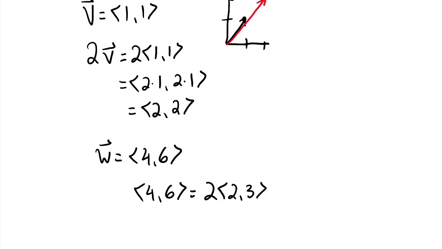Let's make 4, 6 the vector u, and use the same w we had before, 2, 3. Then u is equal to 2w. So not only can we bring a real number inside for scalar multiplication, but we can also factor one out. We can move both ways.